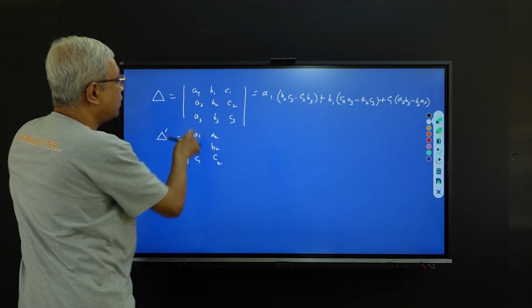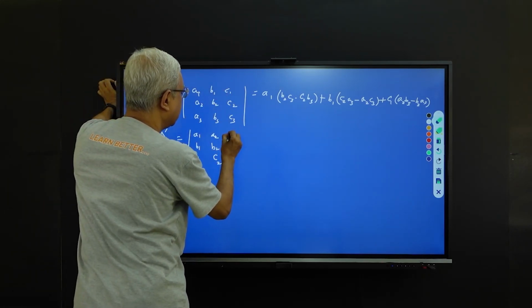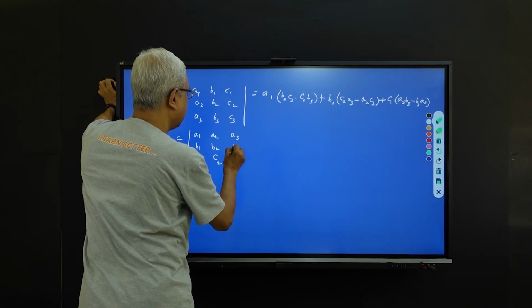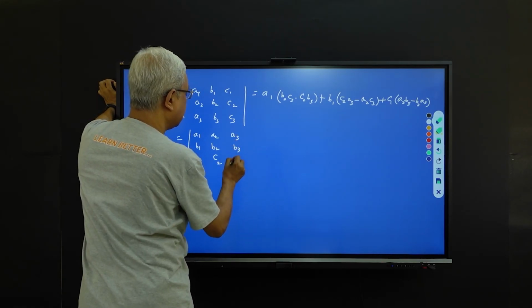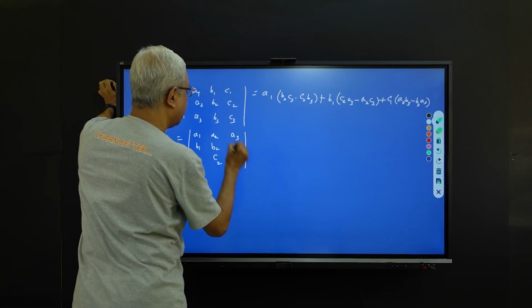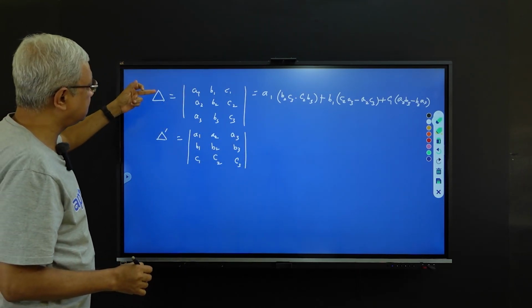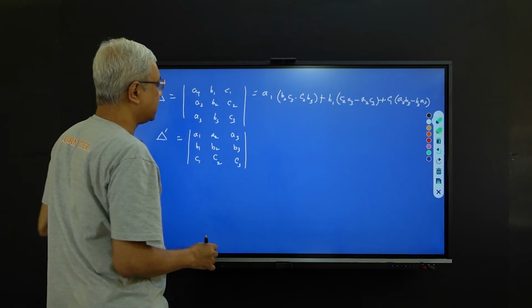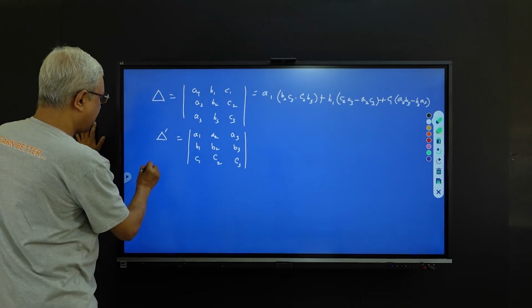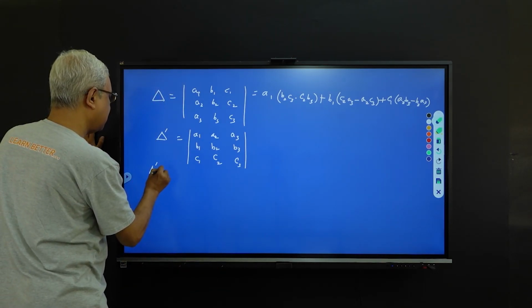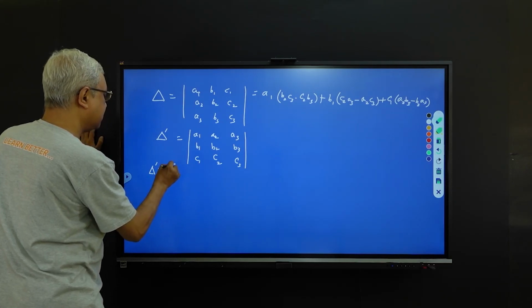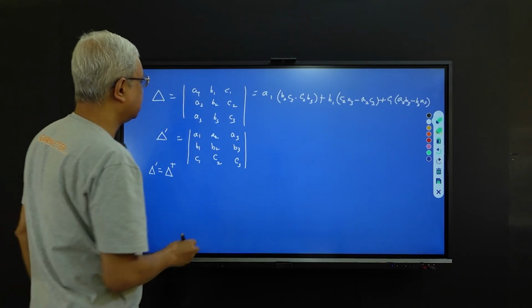And the third row has become the third column, A3, B3, C3. So delta dashed is the transpose of the determinant delta, basically delta transpose.